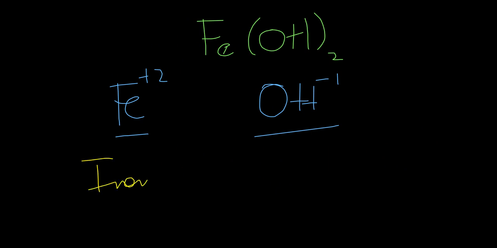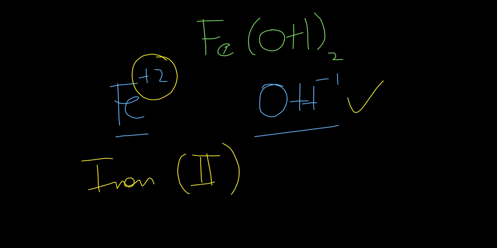Please remember iron has variable oxidation state. In this case, it is +2. So that will be II. So iron 2, then we show our hydroxide. So the name of this compound will be iron 2 hydroxide. So let's move on to the next item.